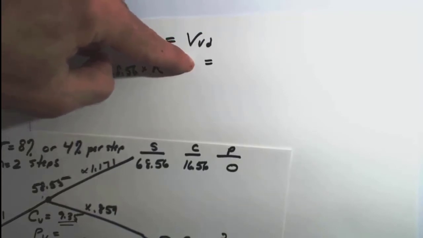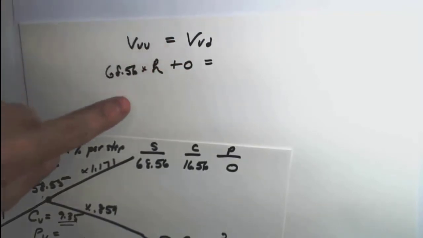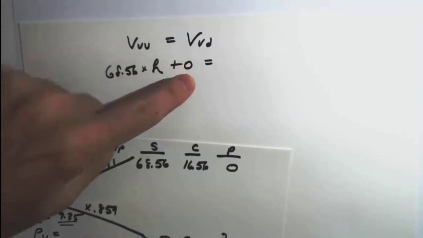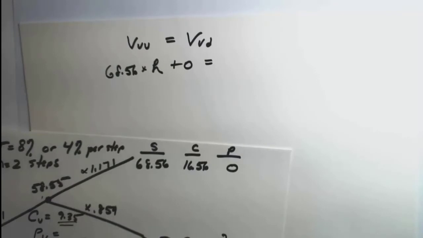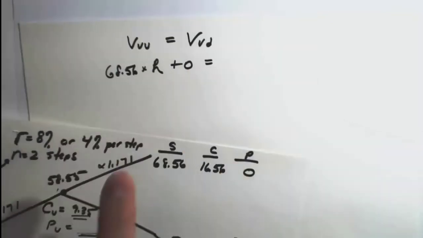Wait a second, we've seen that before. That's basically a protective put. We're using the stock and hedging it with a put, using one to offset the other. And when we do that, we can value the put option using the protective put concept.